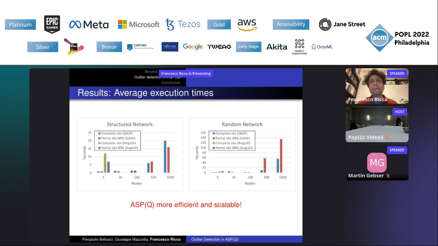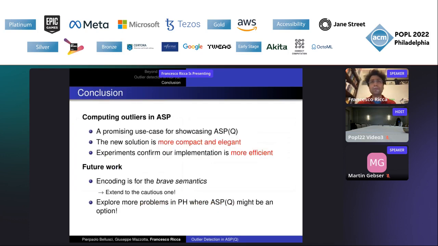And as you can see, our solution can scale up to graphs of larger size. The original one was working only for very small networks, while we can go up to networks that are 3 orders of magnitude larger than the previous solution.